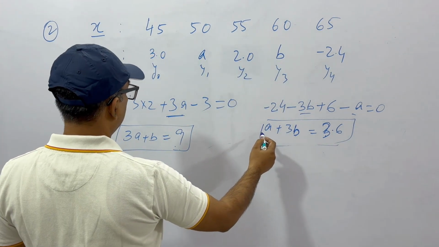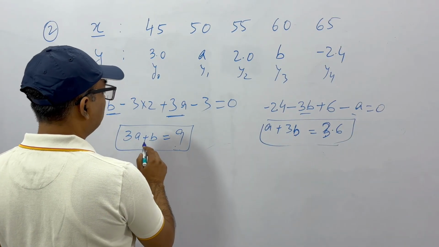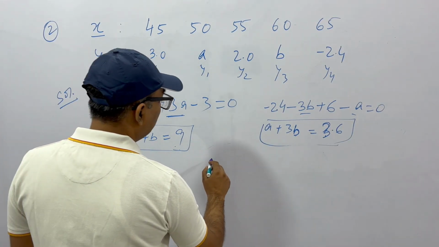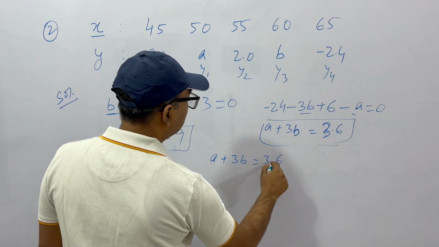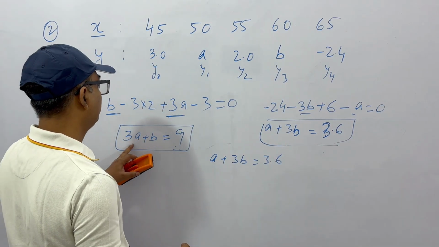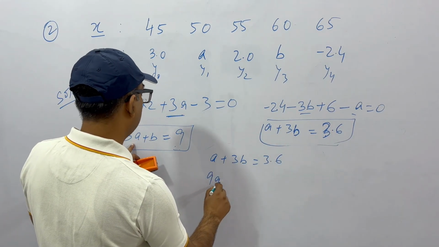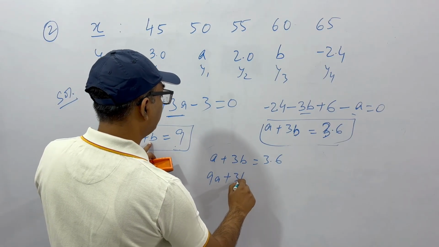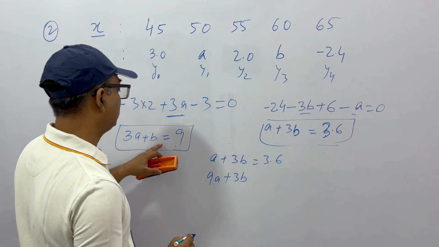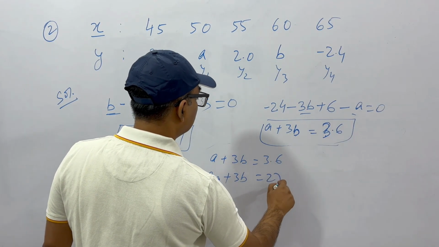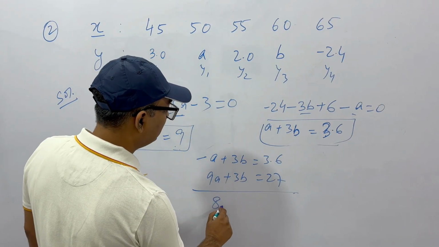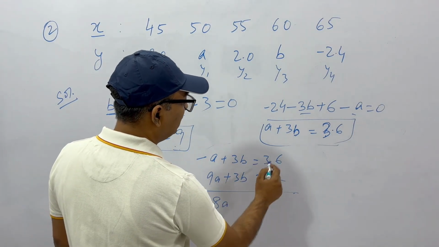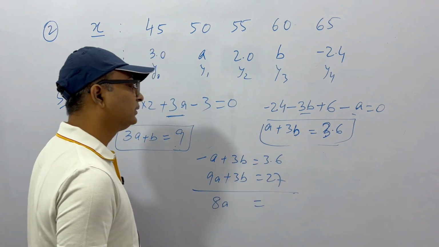Let's multiply this equation by 3. So we'll have a plus 3b equal to 3.6 from here, and from here we'll have 9a plus 3b equal to 27. So this minus this, what will we have? 8a. 3b is gone. 27 minus 3.6.